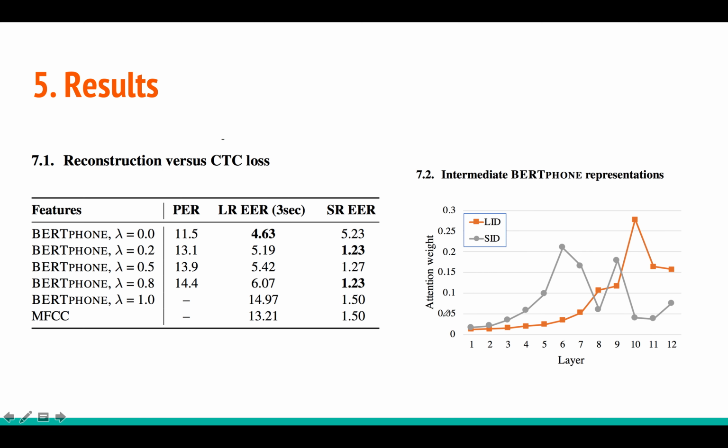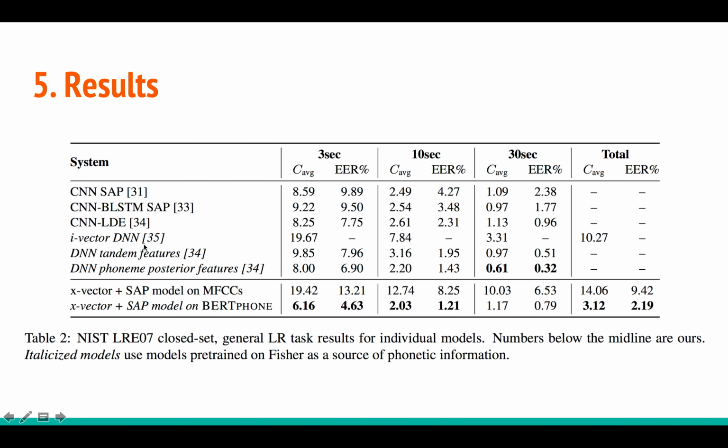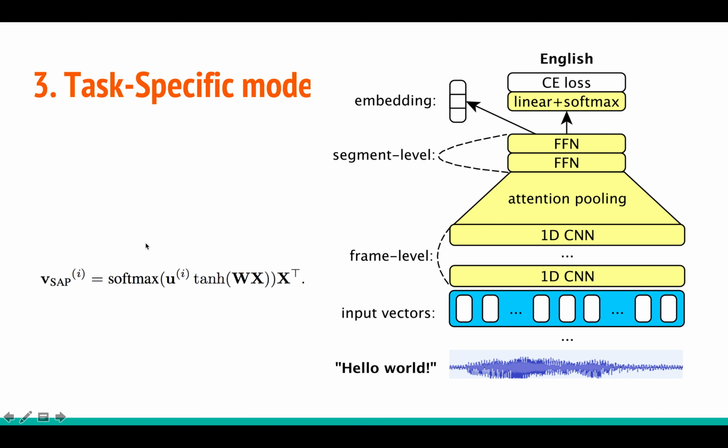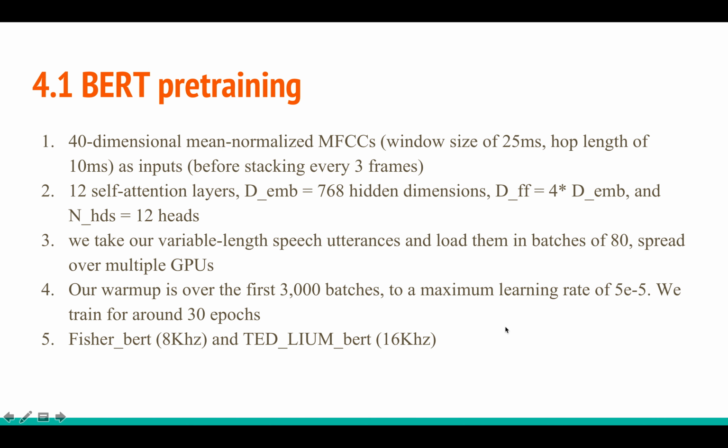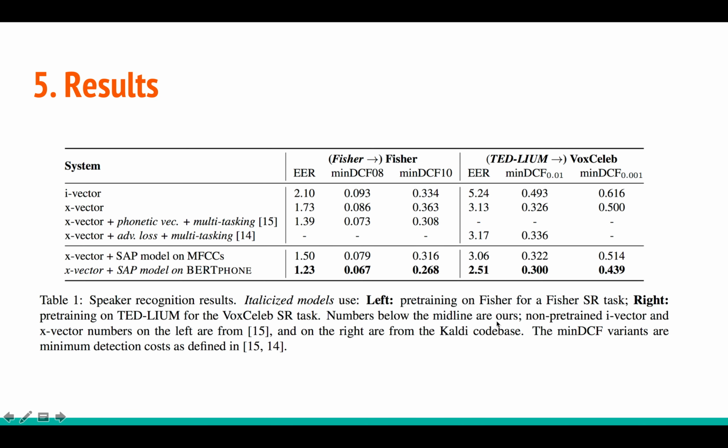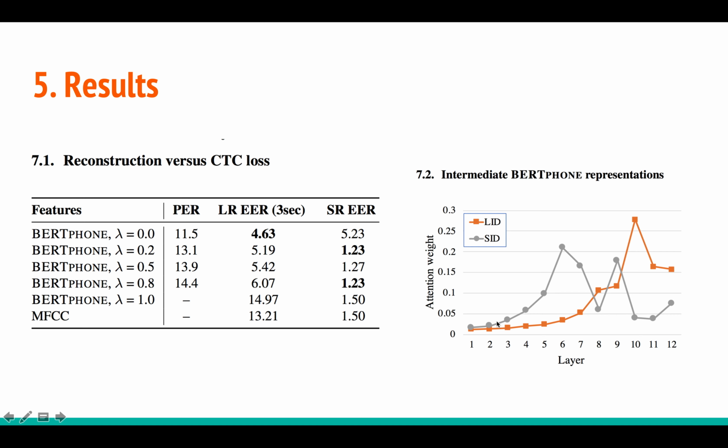They have also done some ablation studies, varying lambda, basically giving weightage to the CTC loss and the acoustic loss. As you can see, in the case of language identification, if you make lambda equal to 0, that is like making the reconstruction loss 0 but keeping the CTC loss, and it actually gives you the best accuracy for language ID.